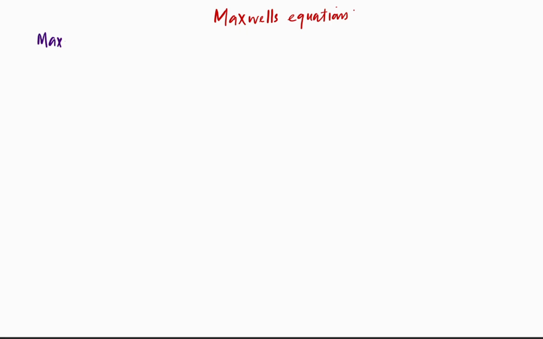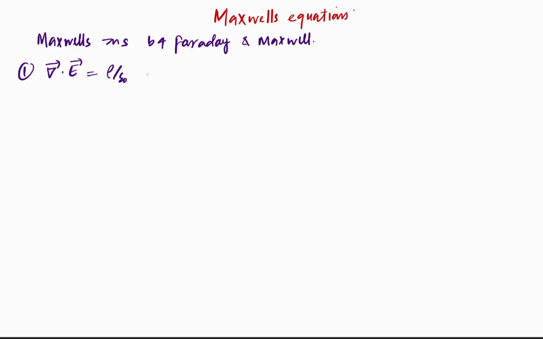Maxwell's equations before Faraday and Maxwell, even though they were not called Maxwell's equations at that time, but let me call them Maxwell's equations. First one is del dot E equals rho by epsilon 0.